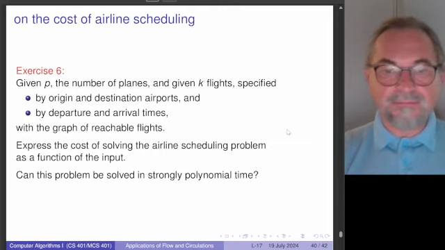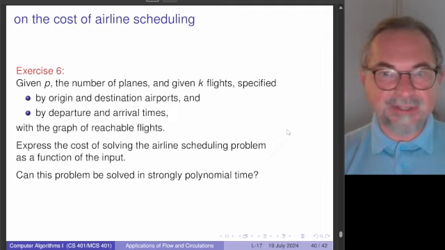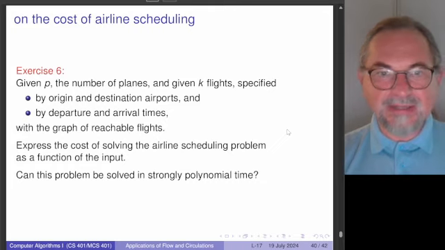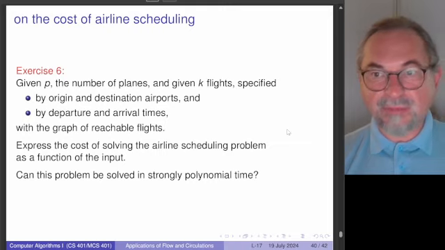Okay, I have to stretch things a little bit because the presentation went rather fast. So if we have a number of P planes and K flights, what is now the cost of solving this airline scheduling problem?